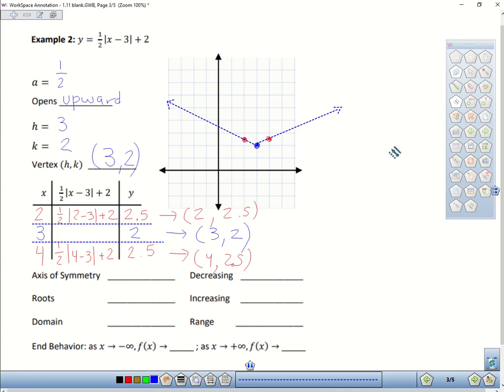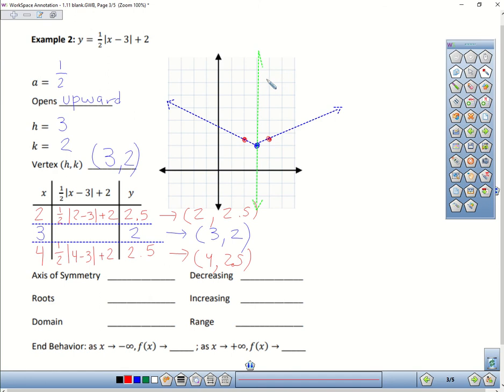Good, it's stretched out wider. So when the a value is a decimal, when your a value is really close to 0, what do you notice happens to your graph? Good, it gets wider, right? It's stretched out. Gets flatter.